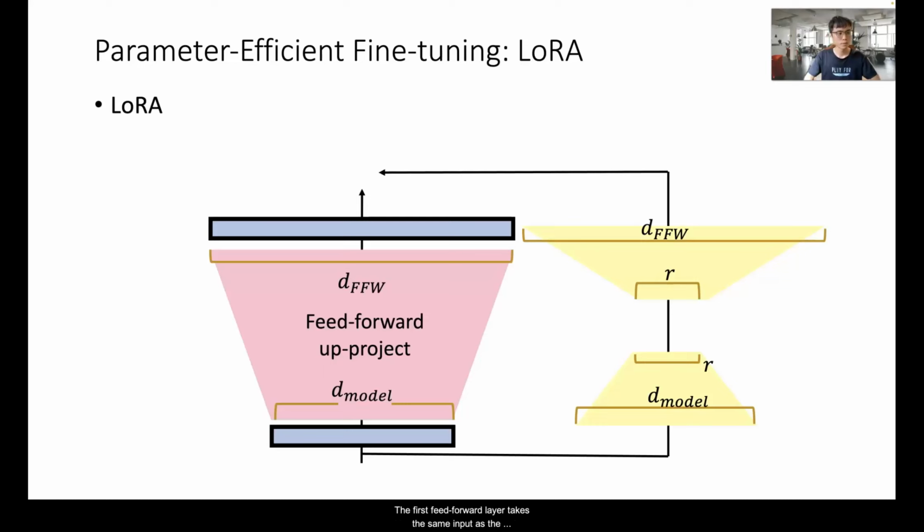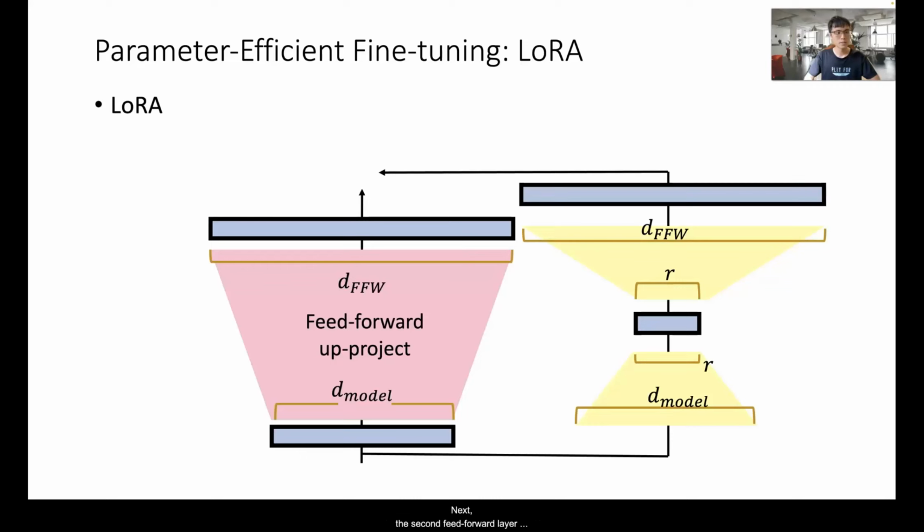The first feed-forward layer takes the same input as the pink feed-forward layer, and it projects it into an R-dimensional vector. The R is chosen to be far less than the D model. Next, the second feed-forward layer projects the vector into another vector. The resulting vector is D FFW dimension. Last, the two vectors are summed together.